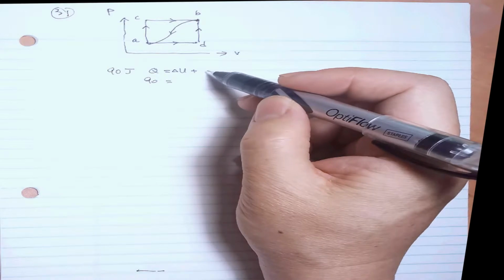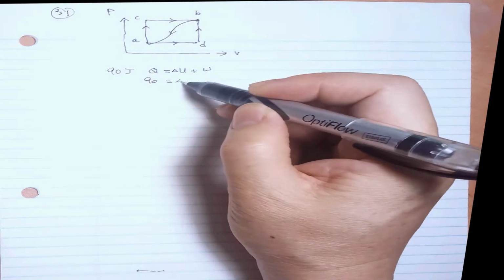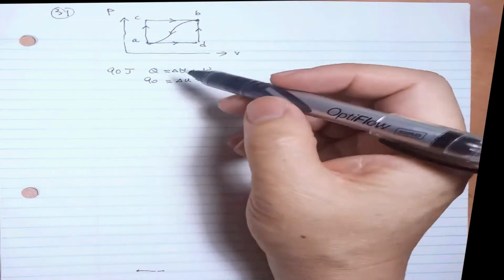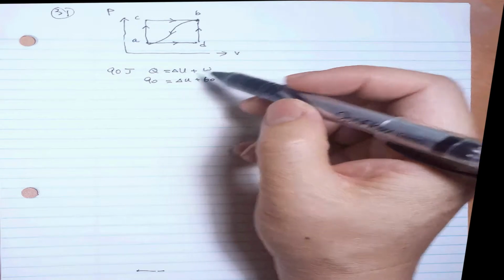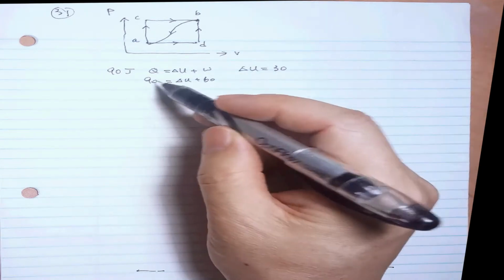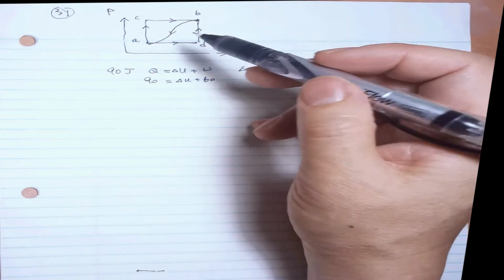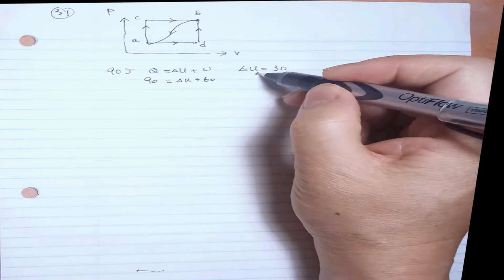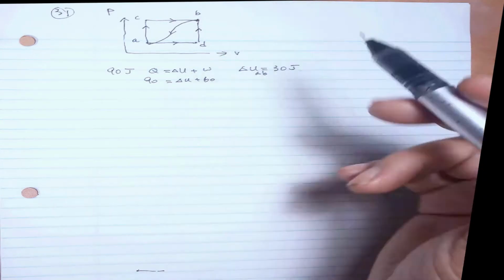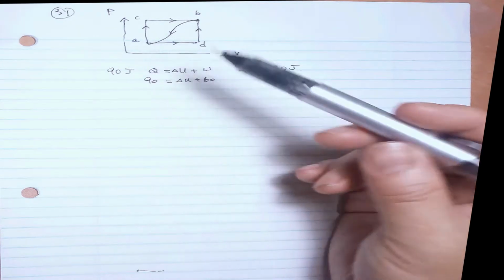But the work done by the system to the environment is 60 joules. So obviously, the change in internal energy in this case will be 30. 90 minus 60 is 30. So we now know that the change from A to B is 30 joules. In other words, B will have higher internal energy by 30 joules compared to A.